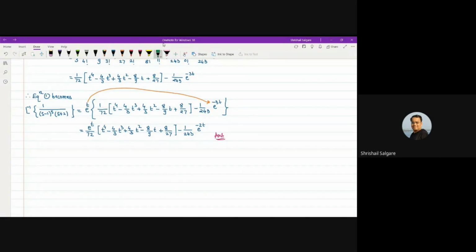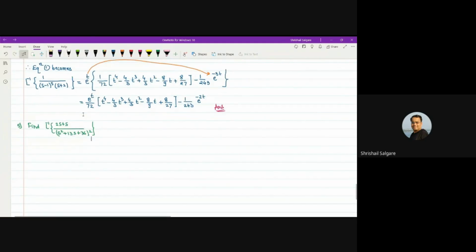Fifth example, find L inverse of 2s plus 5 divided by s square plus 13s plus 36 its bracket square. I will consider that term separately.